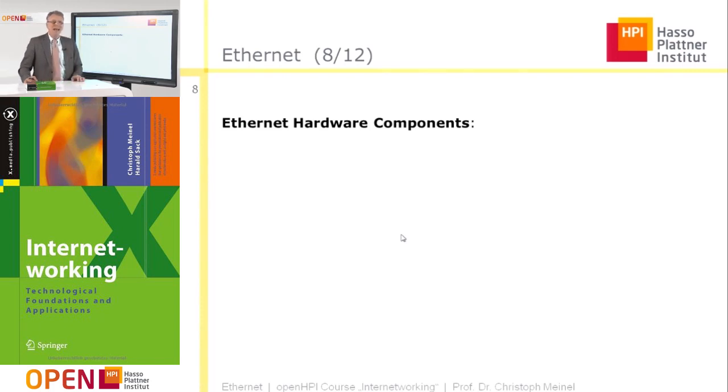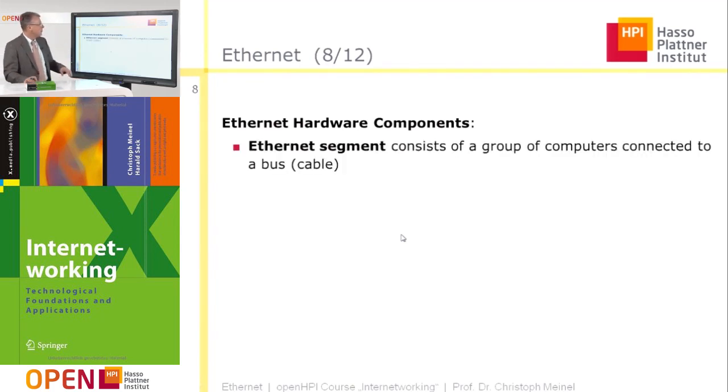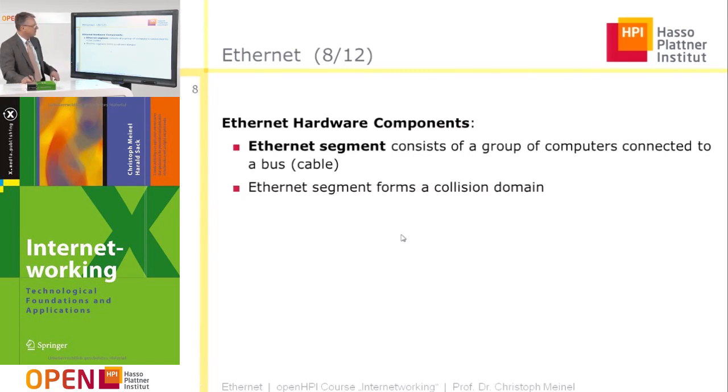Then we have typical network hardware components. We have the Ethernet segment. So this is the cable or the materials used to provide this connection infrastructure, to provide the bus.